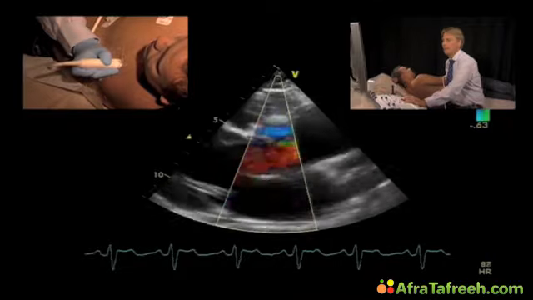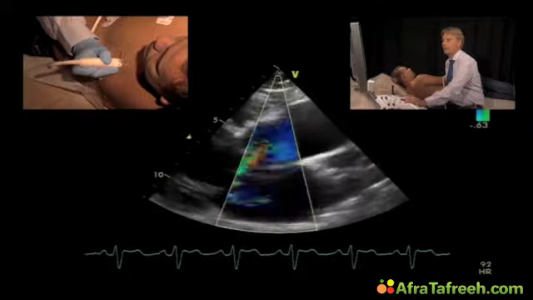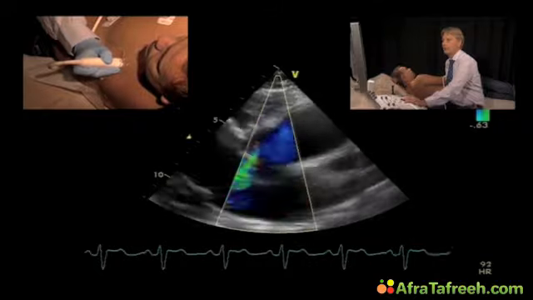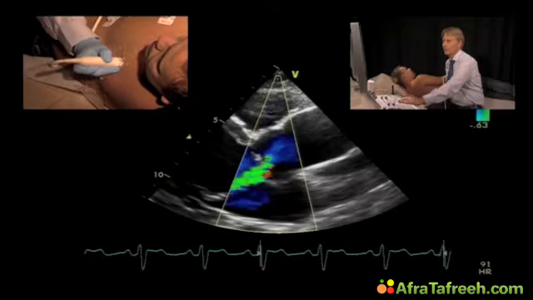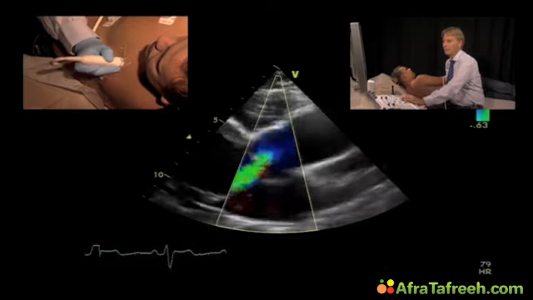And we also see that there is considerable proximal acceleration, a fairly large flow convergence zone. Here, this would be the convergence zone in the ascending aorta, and the direction of the jet is towards the anterior leaflet.